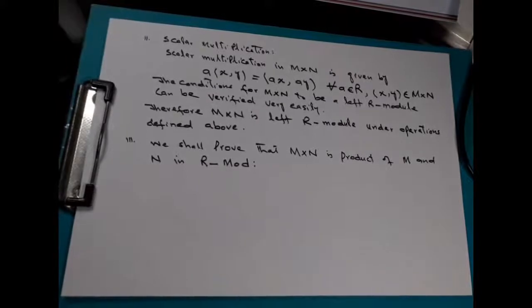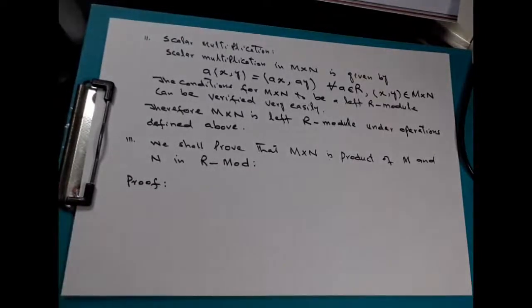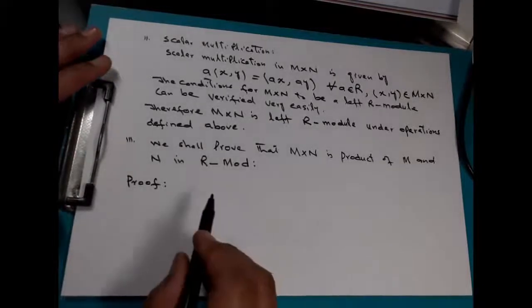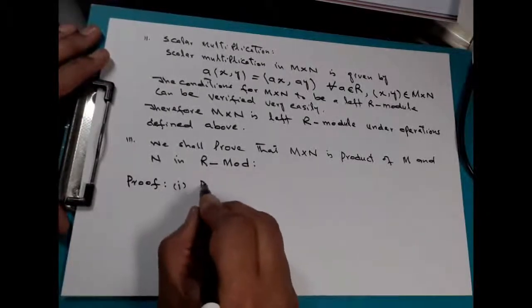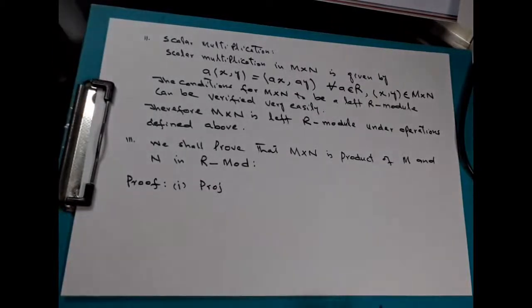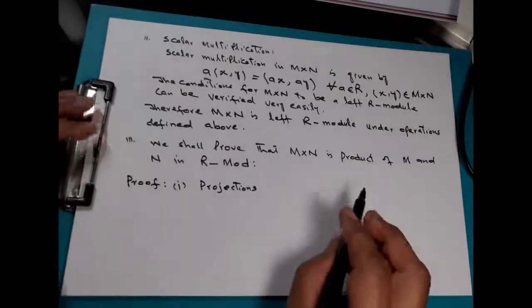So let's come to the proof. And by now you understand what we mean by product. That is, we must have two very special morphisms called projections and a universal property we have discussed in the case of sets. So first we note that projections are given by, in order to prove that M cross N is product, we have to define projections.